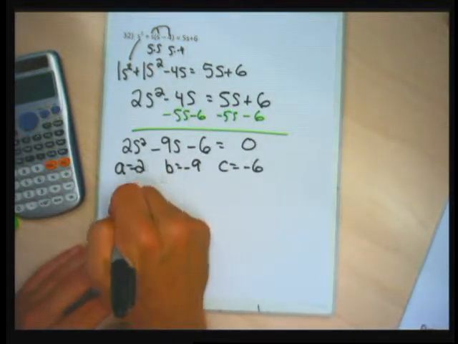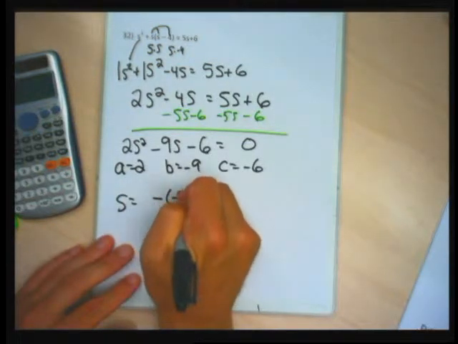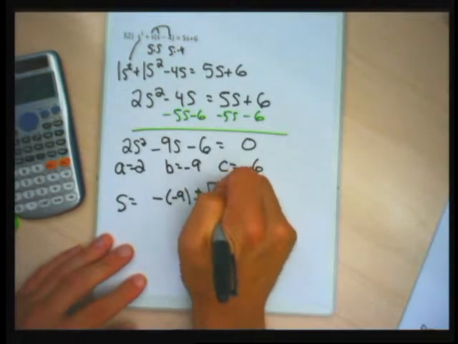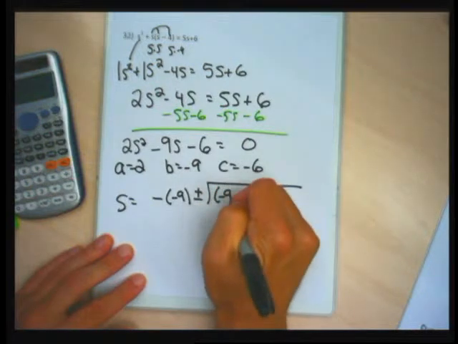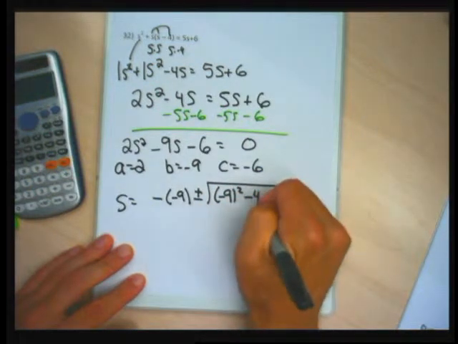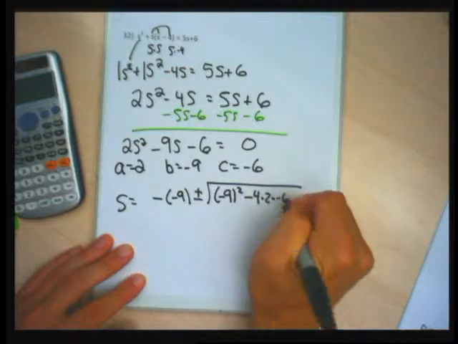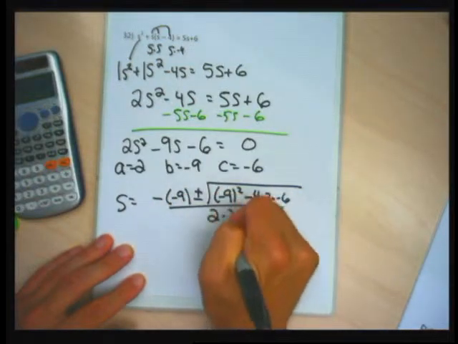I'm going to get s equals negative b, which is negative 9, plus or minus the square root of b squared, which is negative 9 squared, minus 4ac, which is 4 times 2 times negative 6, over 2a, which is 2 times 2.